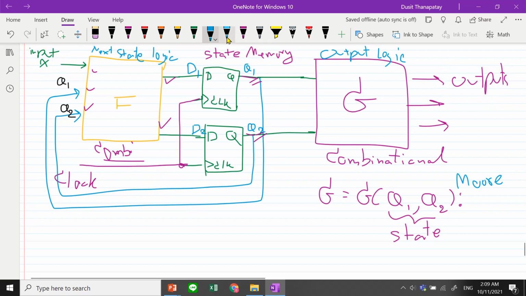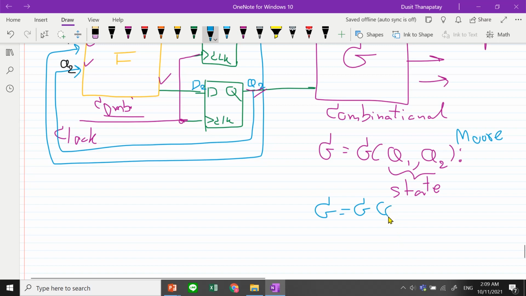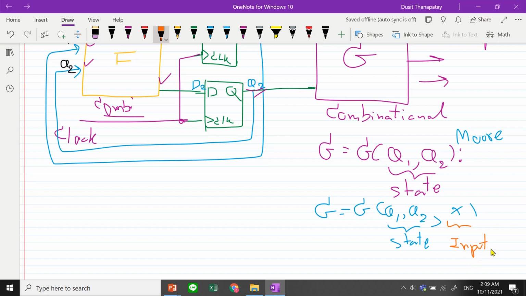So in this case, the output G is a function of the state of the circuit, and also depends on external input of the circuit.